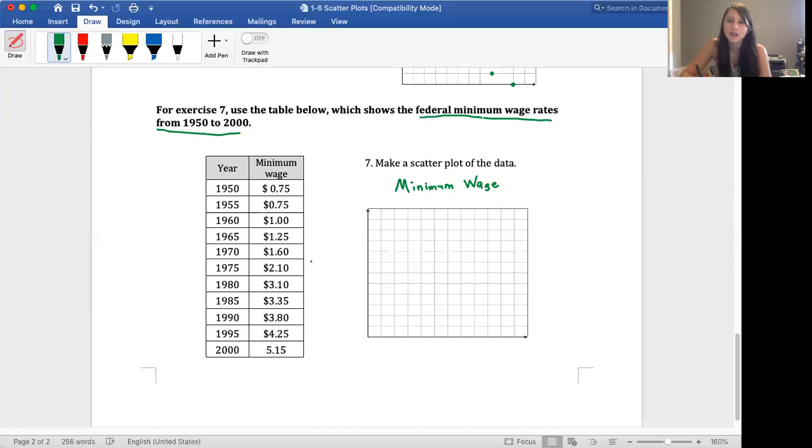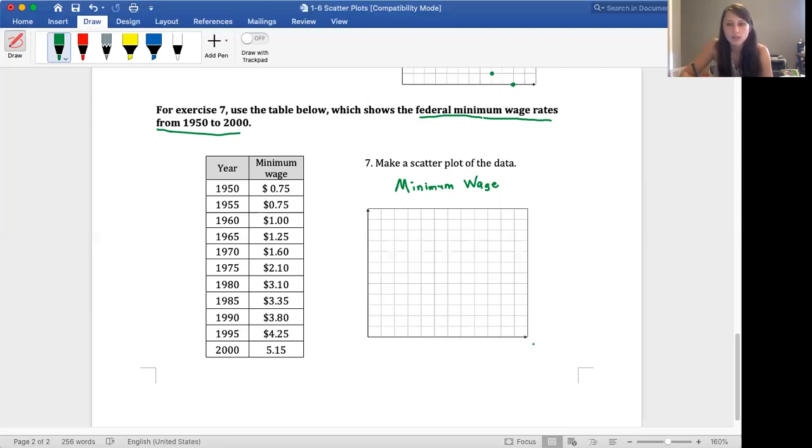And then we have to decide, well, what's going to go on my X and what's going to go on my Y? What goes on your X value is usually the measurement that doesn't change. It is usually related to time, or really the thing that's going consistently up, okay?